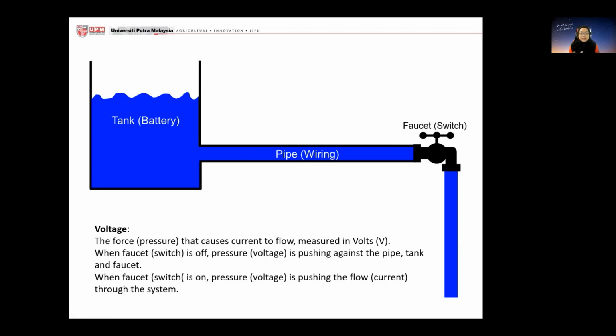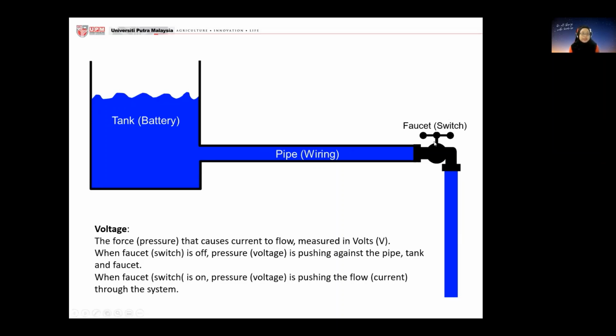Voltage is the force that causes current to flow, and it's measured in volts. So it's actually the pressure. Imagine you switch the faucet on or off, the pressure is always going to be there.